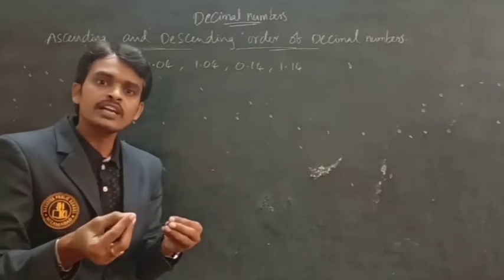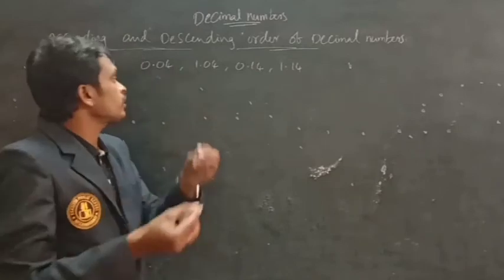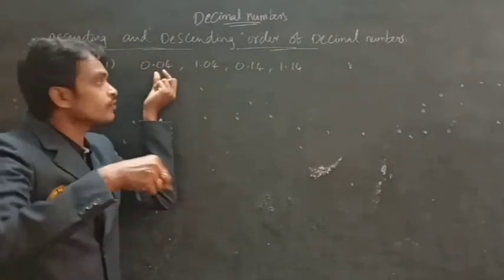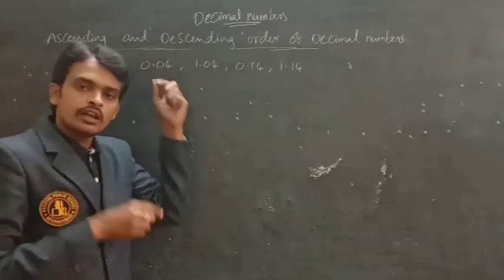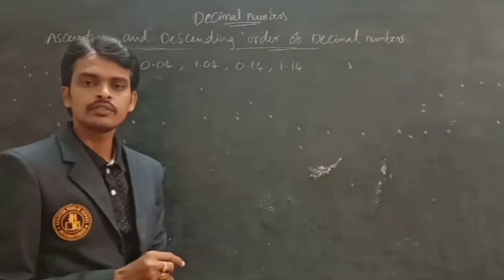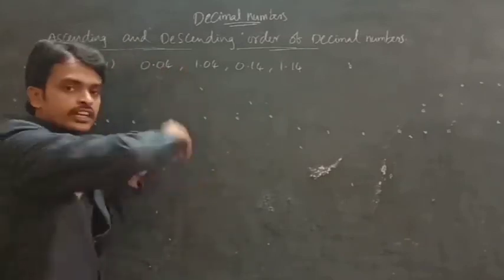If the whole number parts are the same, then what will we do? Then we compare the 1/10th place of the decimal number. If the 1/10th place is also the same, then we go for the 1/100th place.